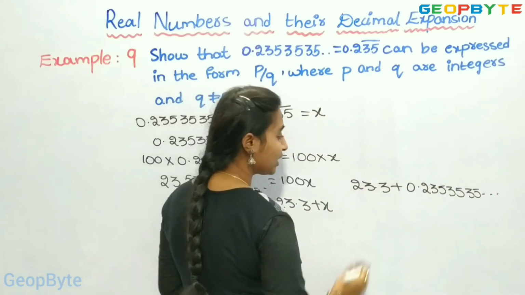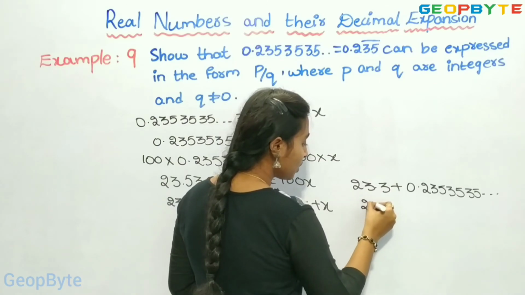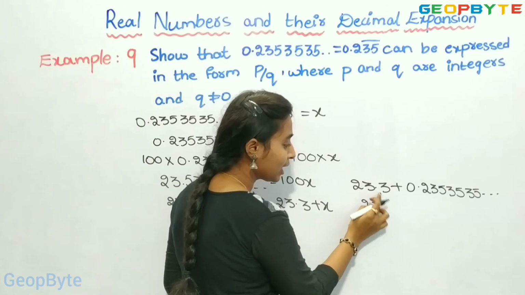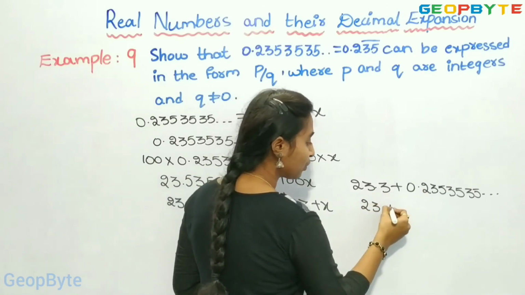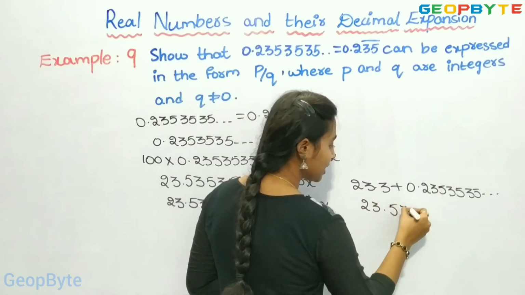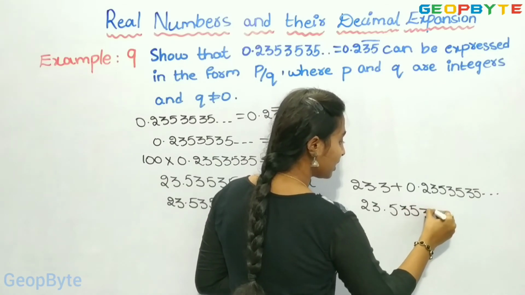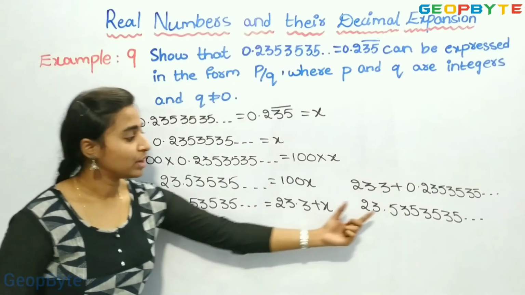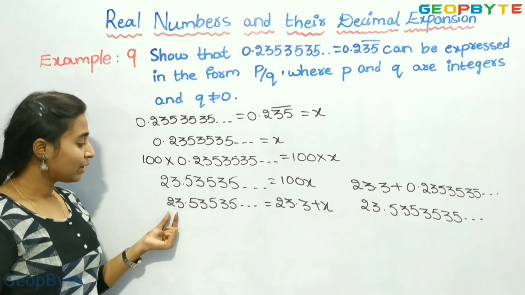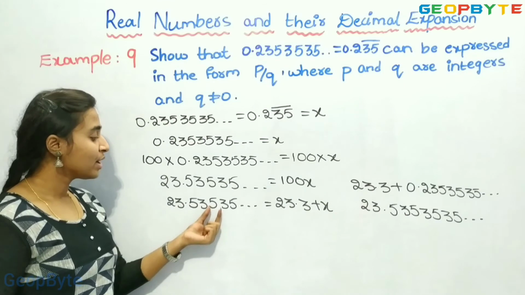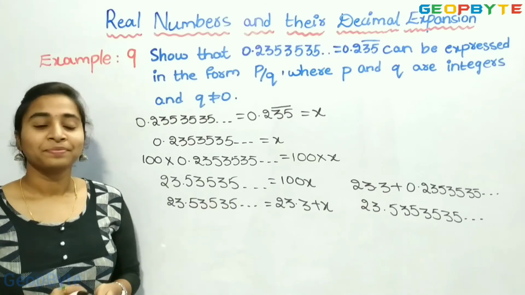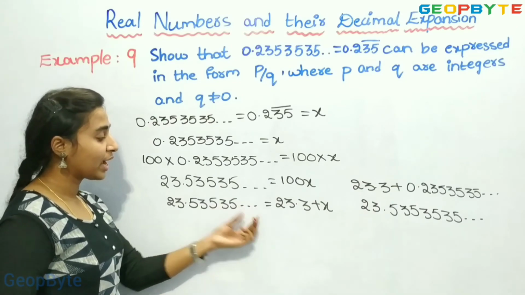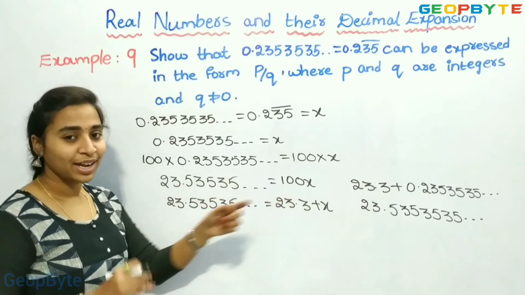So, if we add these two, it becomes 23.3 plus 2, 5 and the remaining digits are 35, 35, 35 and so on. See, we got the same thing, 23.53535. Now, see, 23.53535 and so on is nothing but 100x.